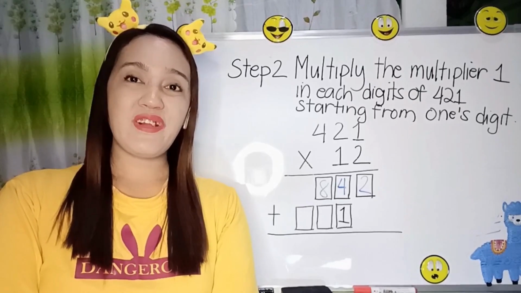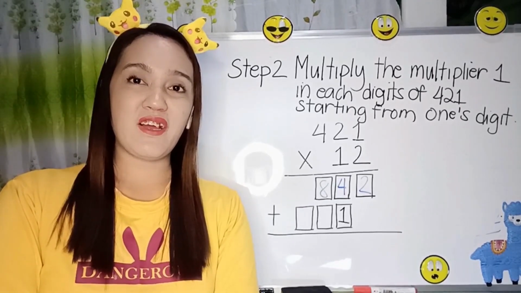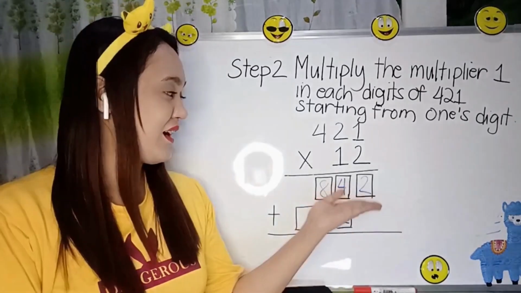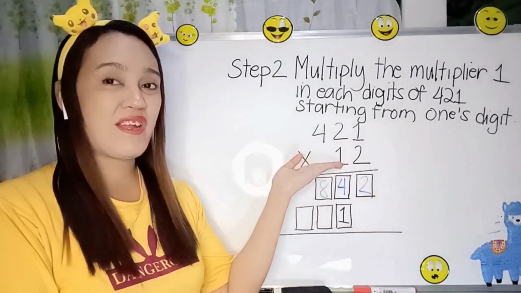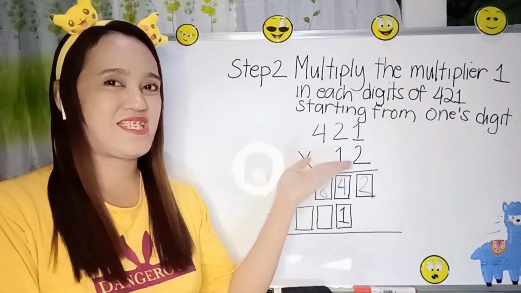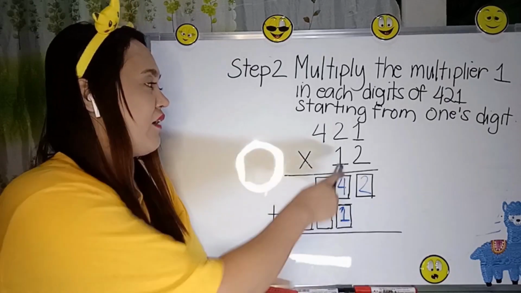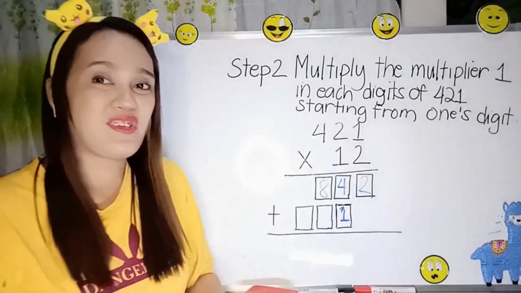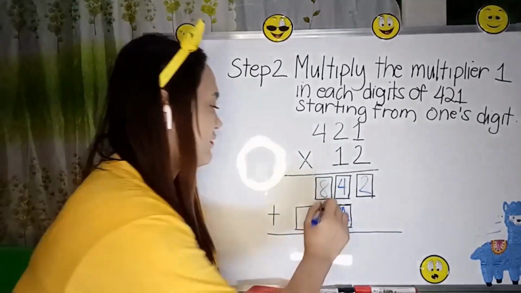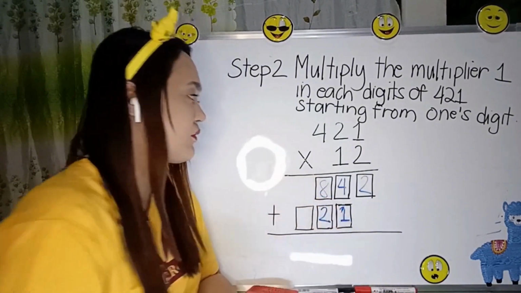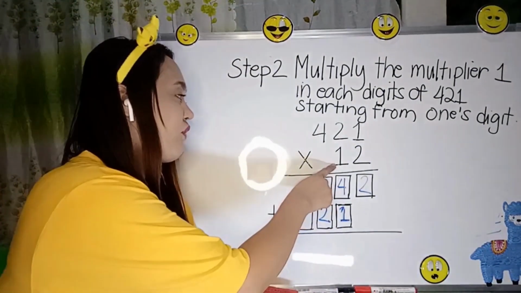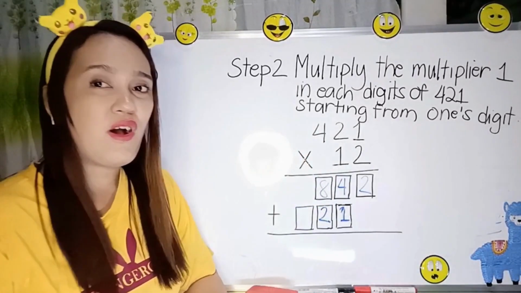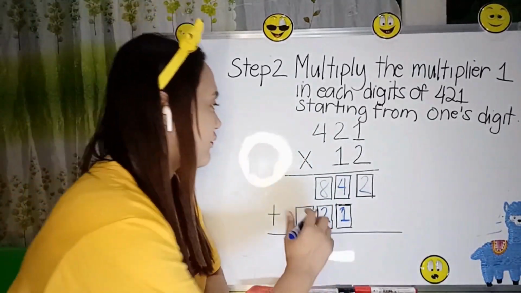Always remember, in writing the partial product, you need to leave blank the ones place since the multiplier 1 is in the tens place. 1 times 2 is equal to 2. And the last one is 1 times 4.